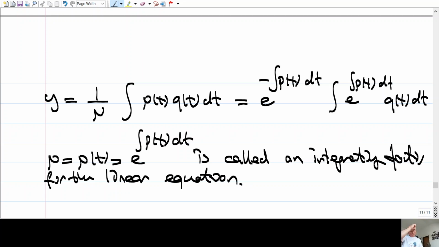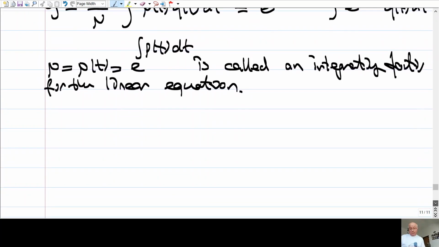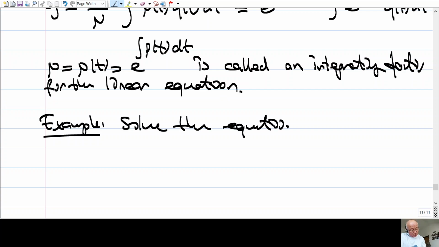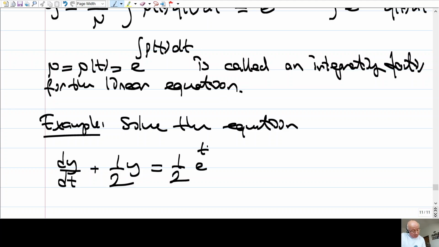All right. Let's see one quick example. Solve the equation dy/dt plus 1/2 times y equals 1/2 e to the power 3t over 2.